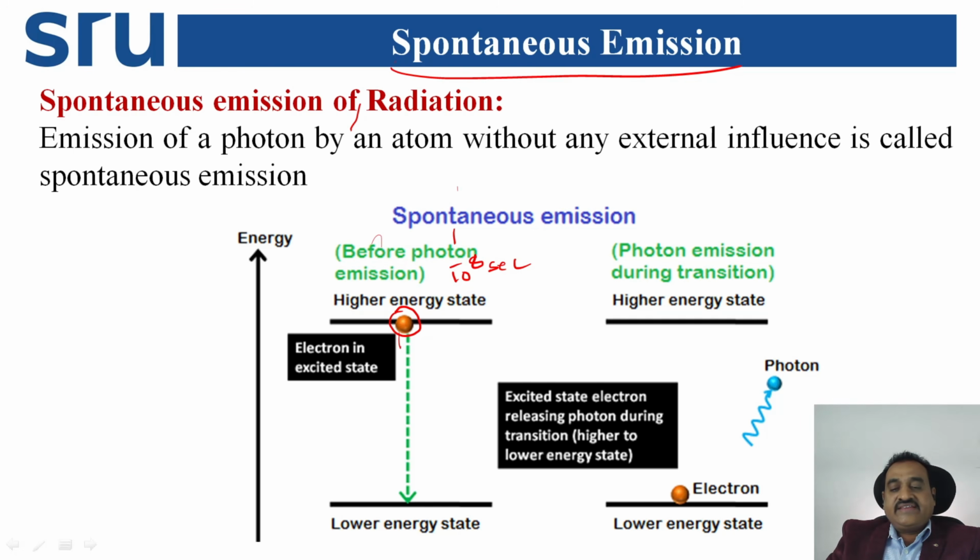This phenomenon is known as spontaneous emission of radiation. The atom returns to the ground state by itself without applying any external force, emitting a photon. This process is called spontaneous emission of radiation.